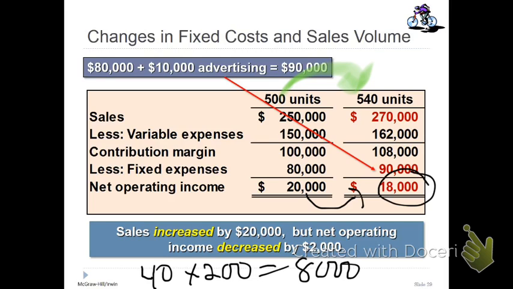I can't pay 10 grand for that advertising if it's only going to increase my contribution margin by 8 grand. So I can get to this very simply by knowing what my per unit contribution margin is. Note, since the advertising is costing me 10 grand and I'm only generating 8 grand in additional contribution margin, it makes total sense that my net income would go down by 2 grand.